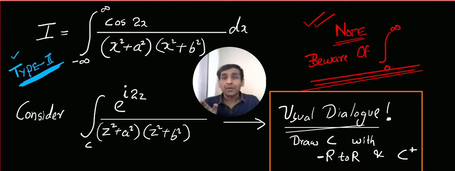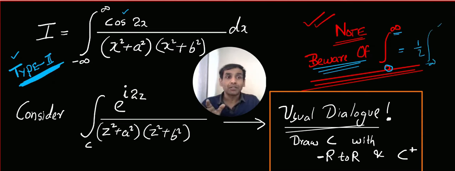In the last video, we did one problem with sine, and in this video, we will do another one with cos. By the way, be aware of integrals with limits 0 to infinity. If you get 0 to infinity, you can be almost sure that in your exam, they will give an integral which has a property of half times minus infinity to infinity.